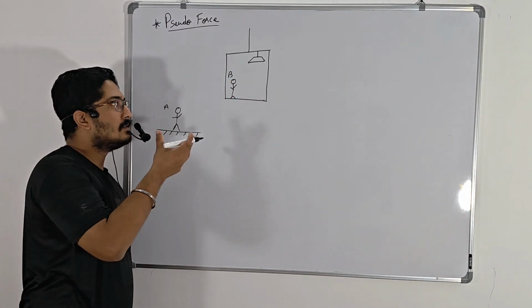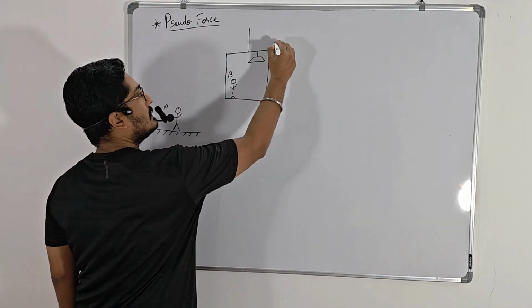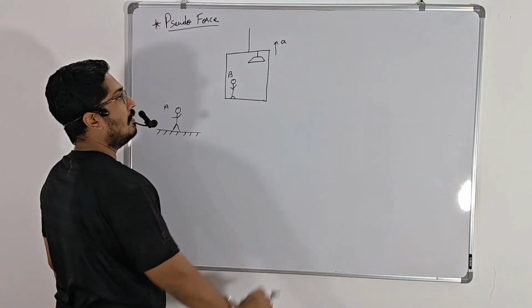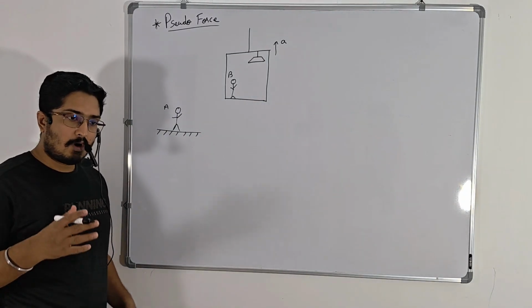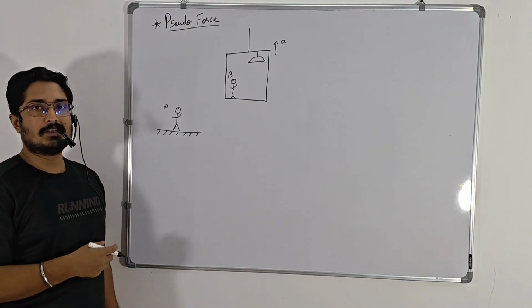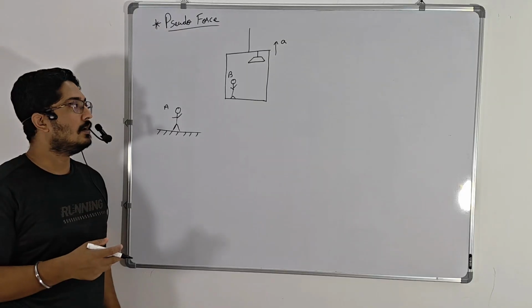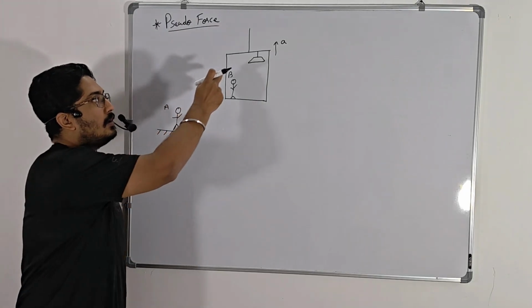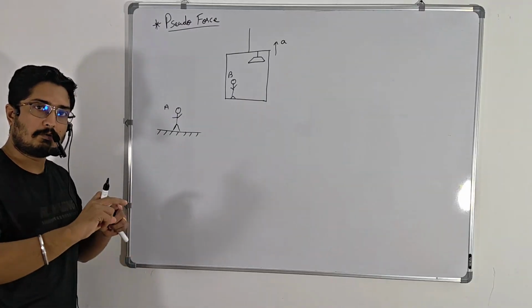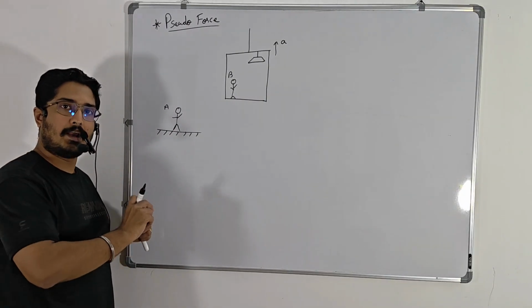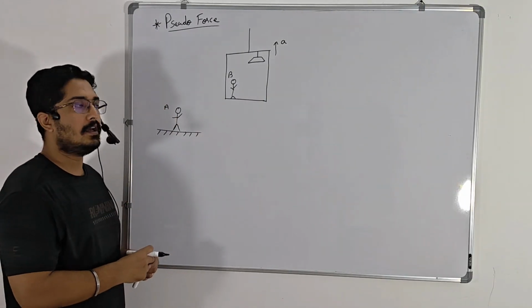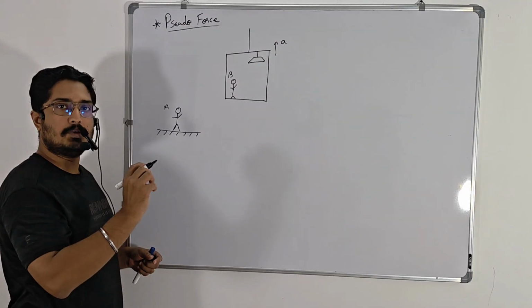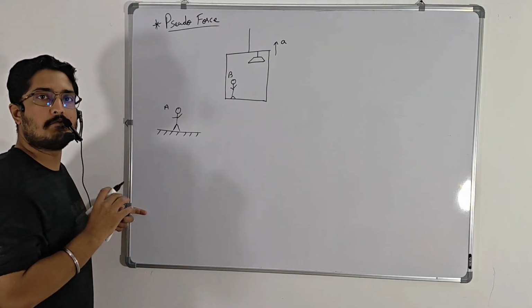Now let us assume that this lift is going upwards with an acceleration of a. All right. Now, assume these two people to be physics students. You ask both to write the equation for this lamp, using Newton's laws and a free body diagram. Both will write the equations according to their reference frame.